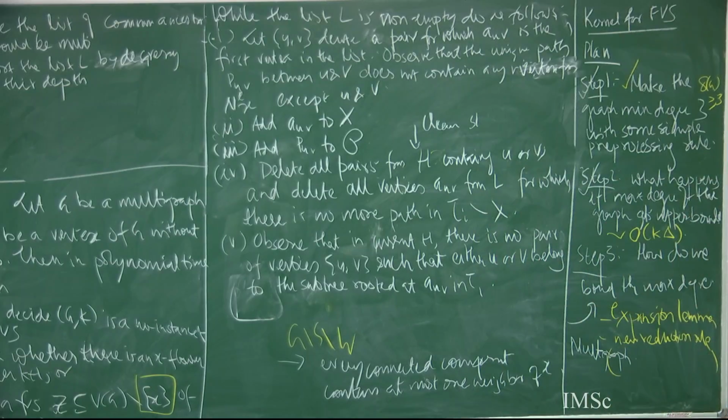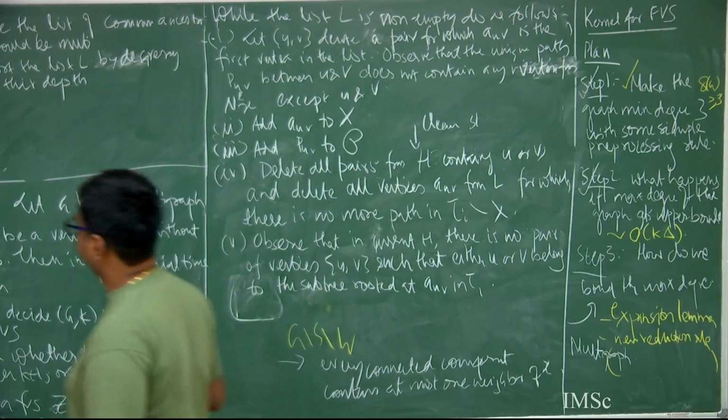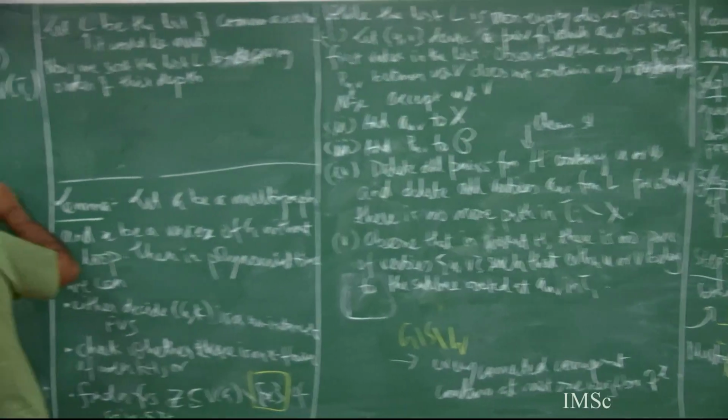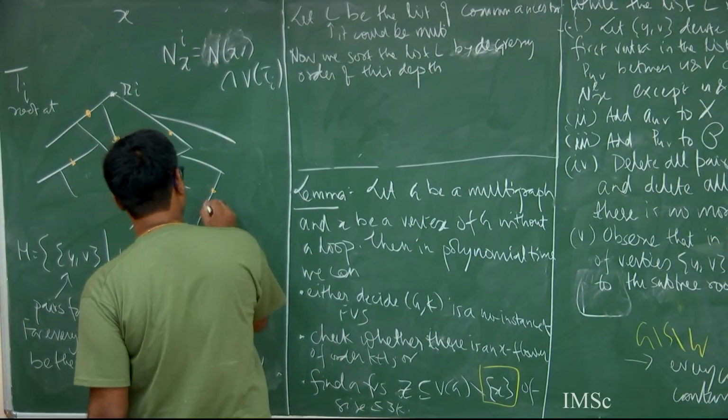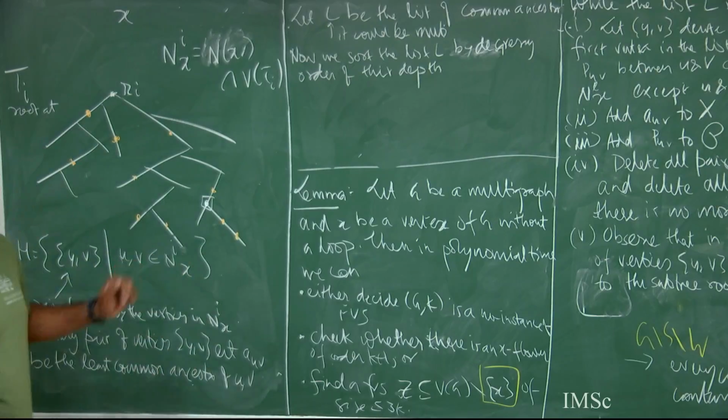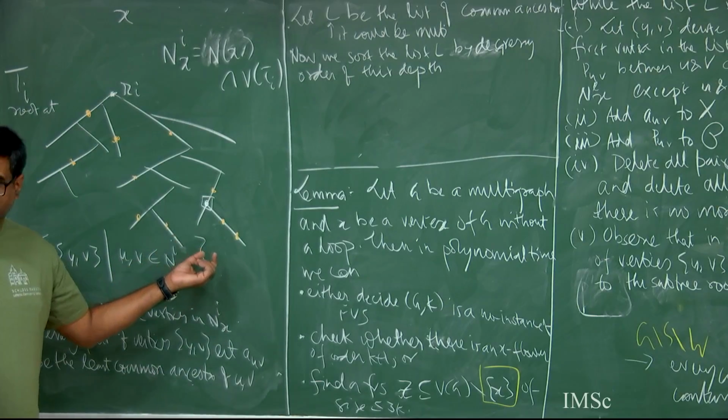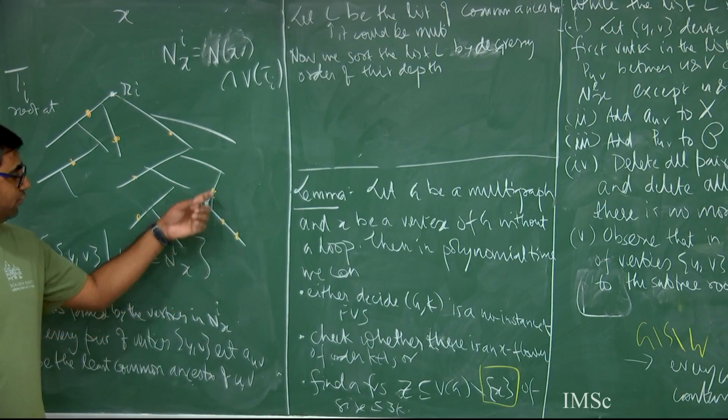So now let's look at the subtree rooted at this vertex, and I'm claiming there is no pair U, V such that any U or V belongs here.